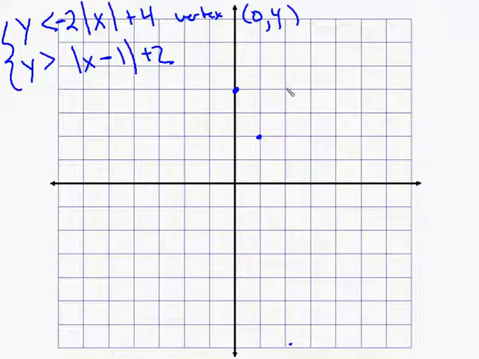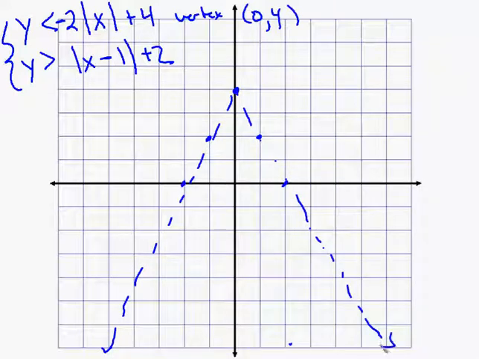And if I go right 2, the absolute value of 2 is 2. Times my stretch factor, so down 4. And it is a V, so that'll mirror. Dotted line. And I shade below. I'm just going to remember that, below.